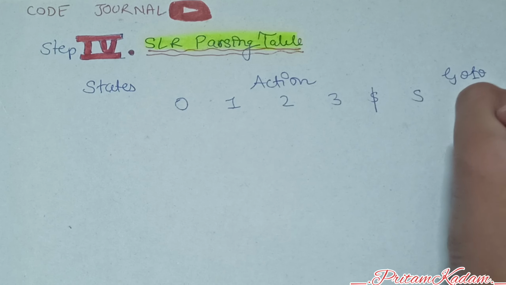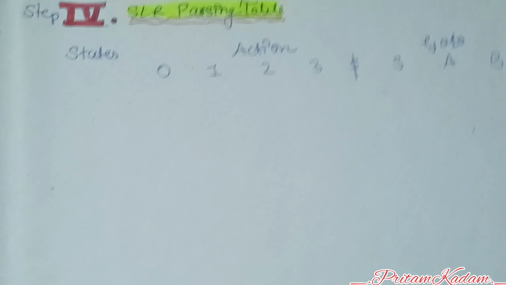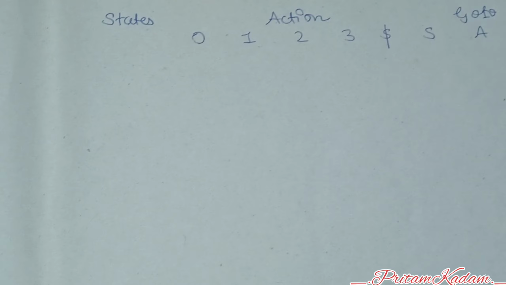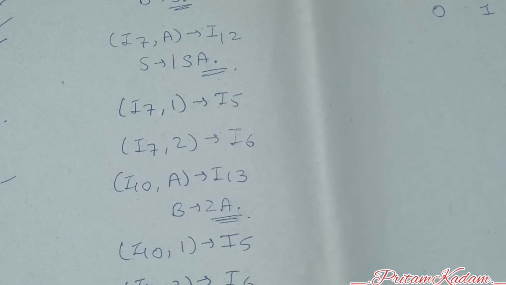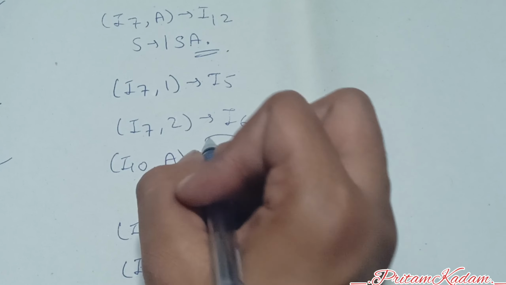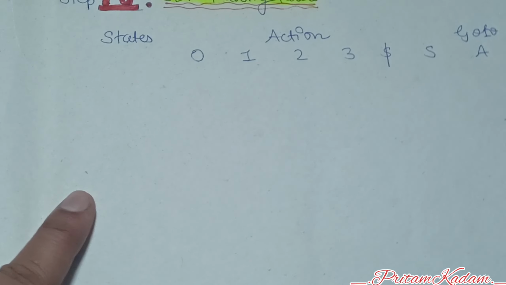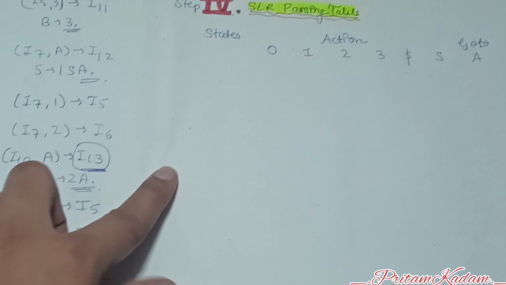And then we have the states S, A, and B under the goto part. Okay, now we have the number of states as I13. Yeah, I13. So I will write 0, 1, 2, 3 till 13.